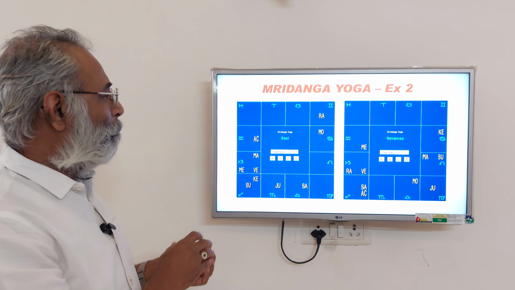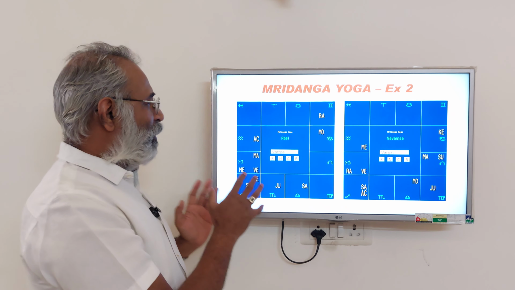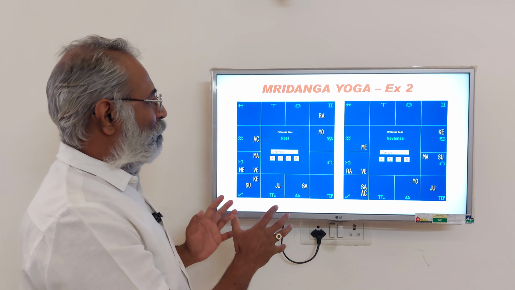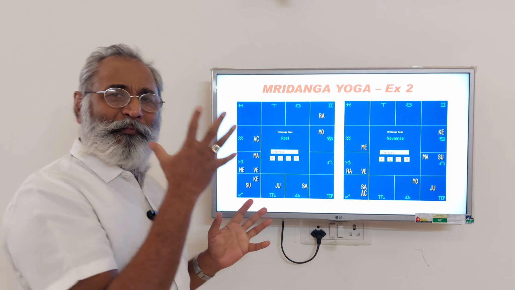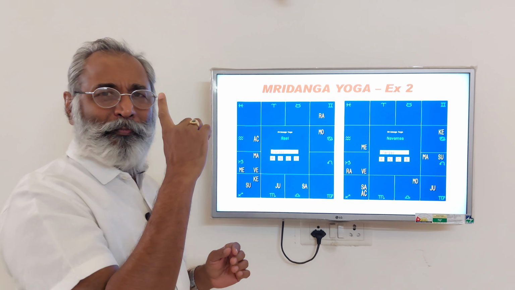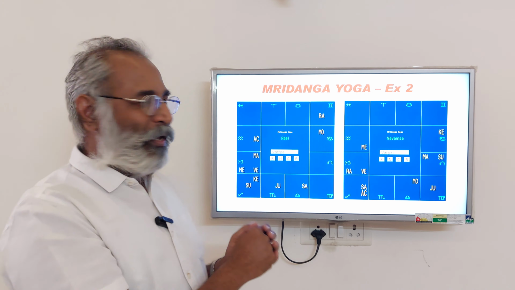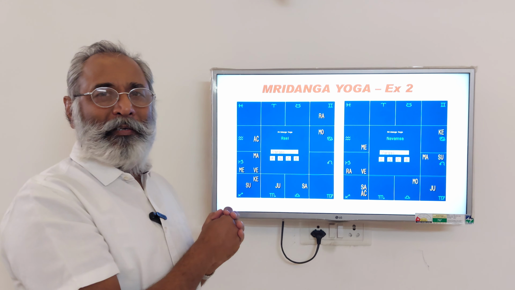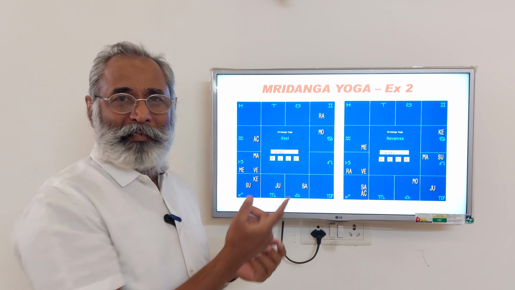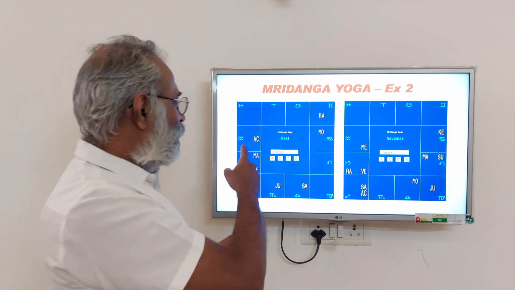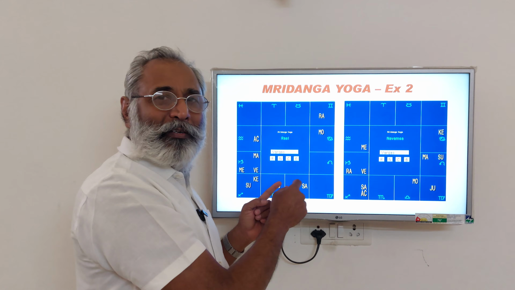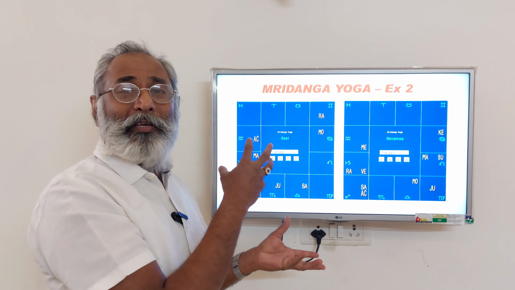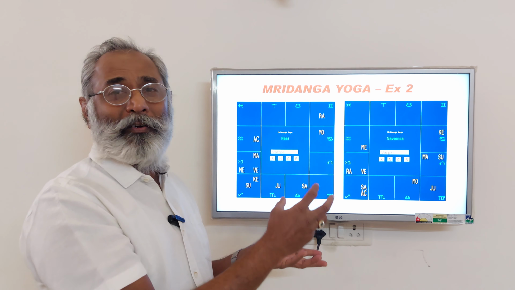Example number 2. Here we have an exalted planet Saturn. The first definition of BPHS itself is valid here. Why? The ascendant lord is strong, that is exalted Saturn. Saturn is the ascendant lord for the sign of Aquarius, and there is a planet strongly posited in a trine or a quadrant.